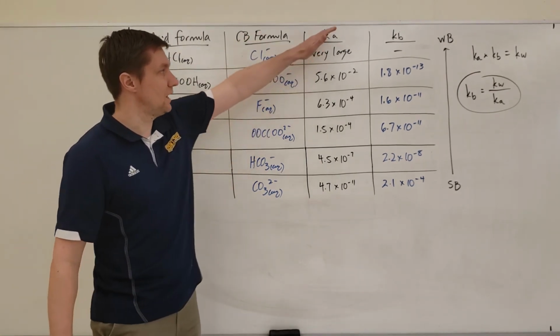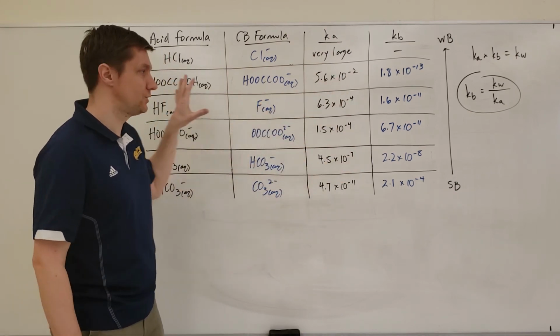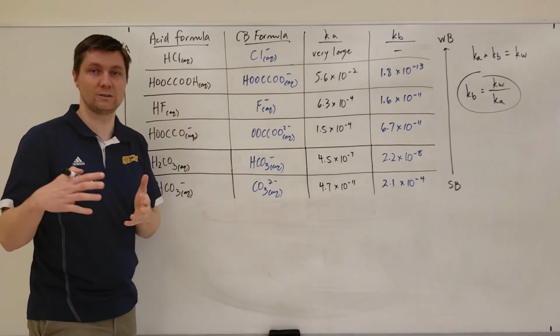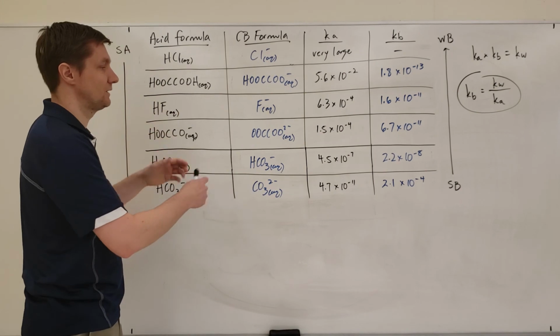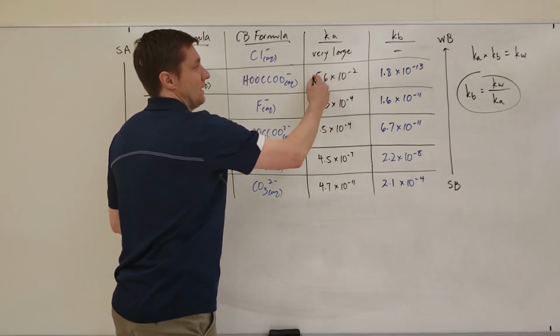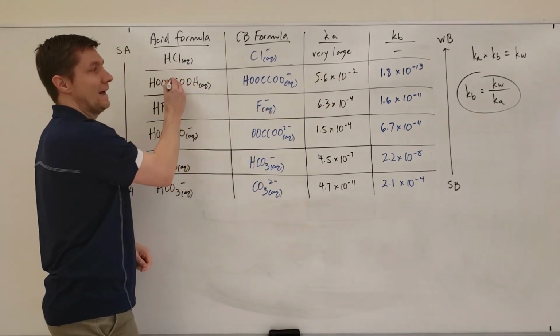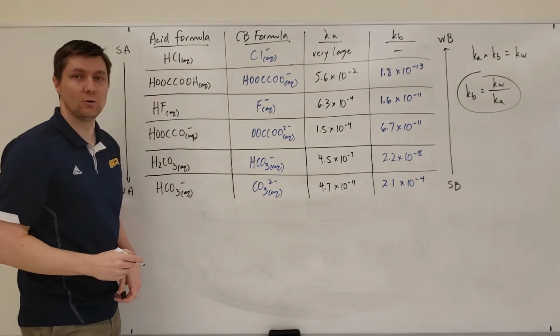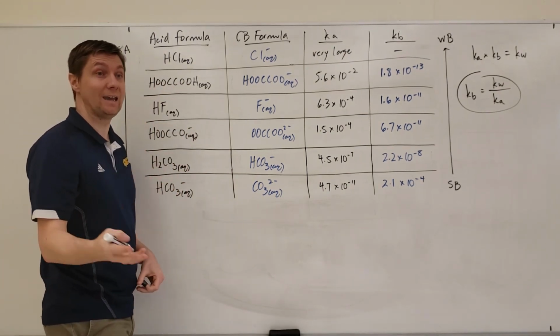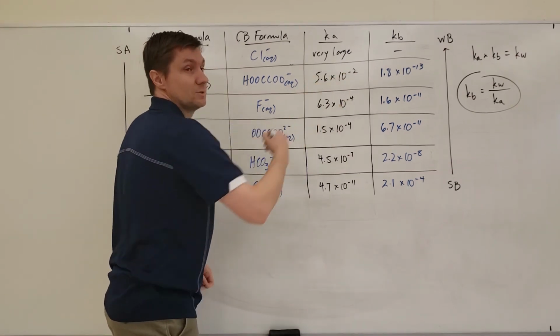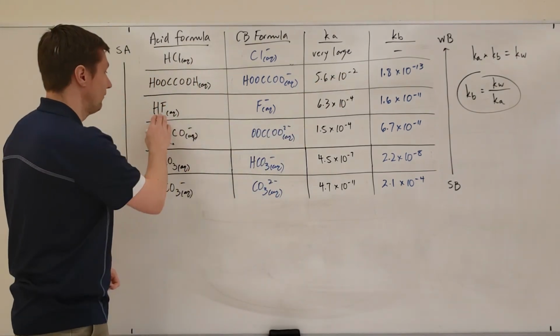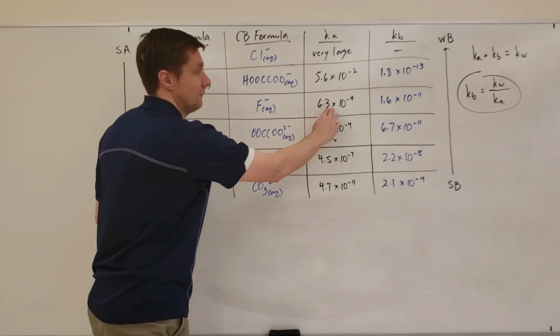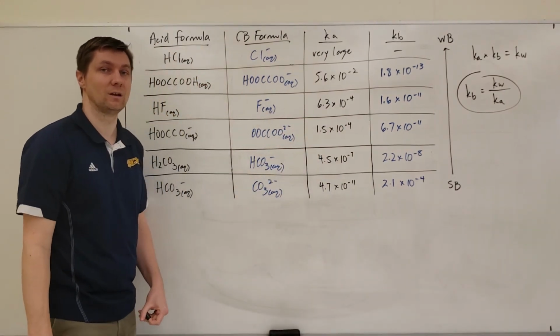And so these Kas obviously apply to the acids. It's an equilibrium constant for acids, and so this makes sense. All of these Ka values is for the acid in the corresponding row. So oxalic acid, HOOCCOOH, its Ka value is 5.6 times 10 to the negative 2. And for hydrofluoric acid, its Ka value is 6.3 times 10 to the negative 4.